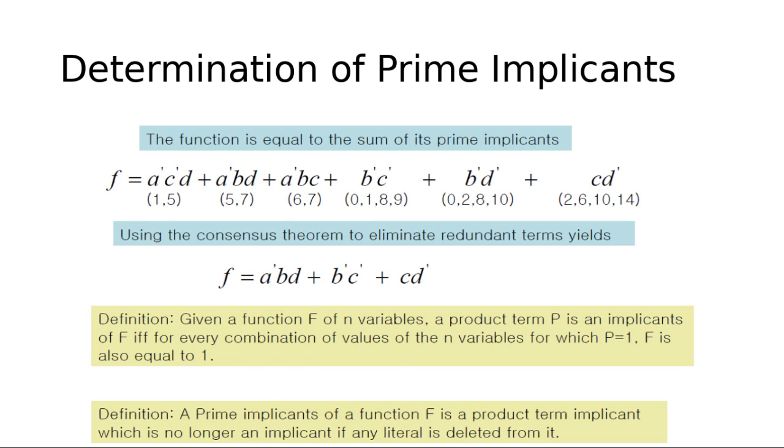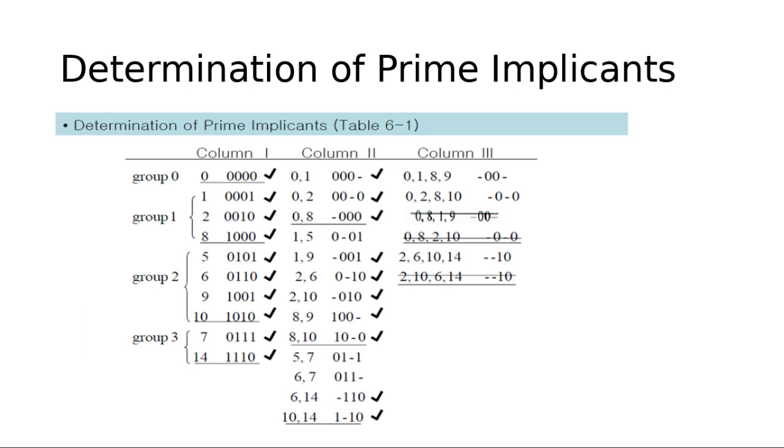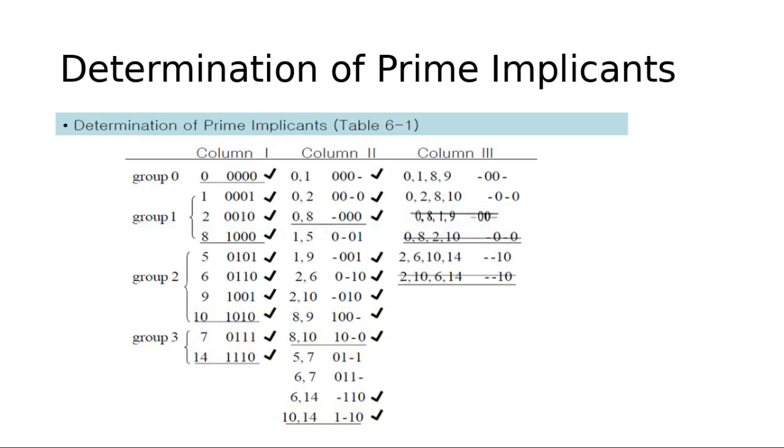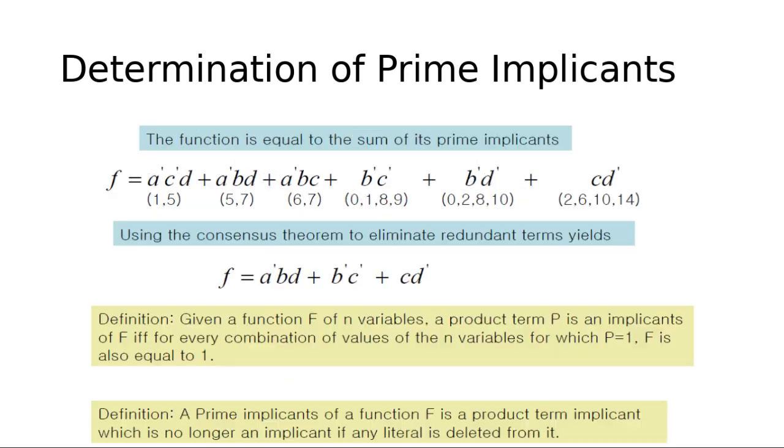We have this one, 1 5, right? 1 5 means not A, not C and D. You have 5, 7 and 6, 7, and you have these expressions and this one, right?